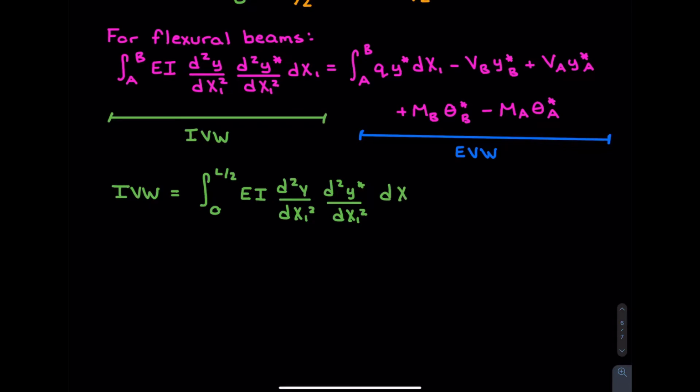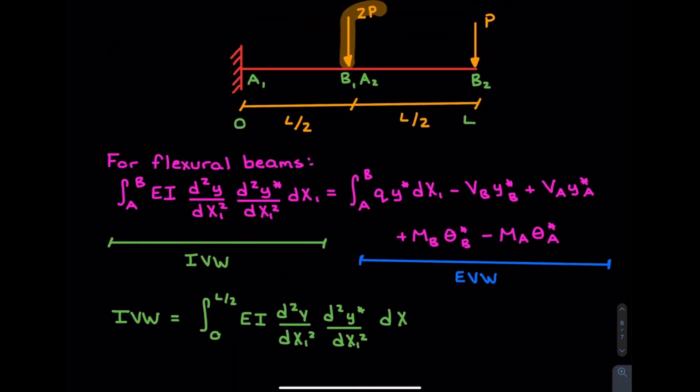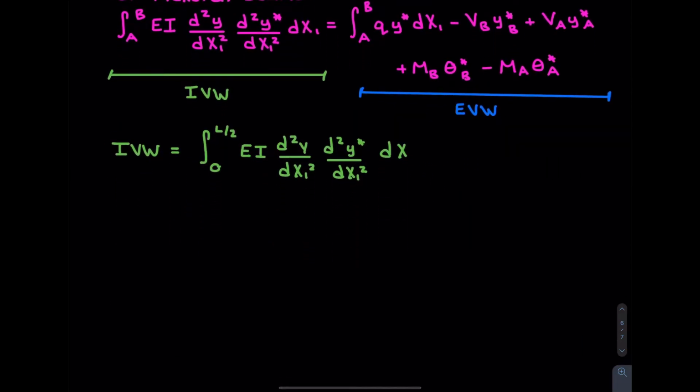Now, this is for the first region, but we have to include the virtual work of the second region, which is A2 to B2. So we add the internal virtual work of the first region to the internal virtual work of the second region.